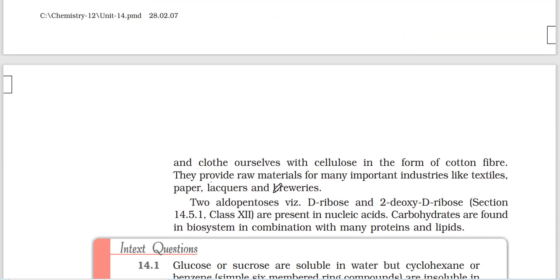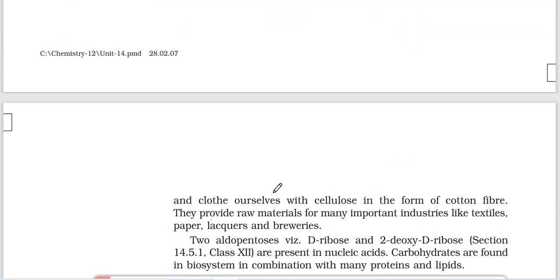Now where are we using this cellulose? We clothe ourselves with cellulose in the form of cotton fiber. They provide raw materials for many important industries like textile industries, paper industries, liquors and breweries. Okay, these all are coming from the plants only.